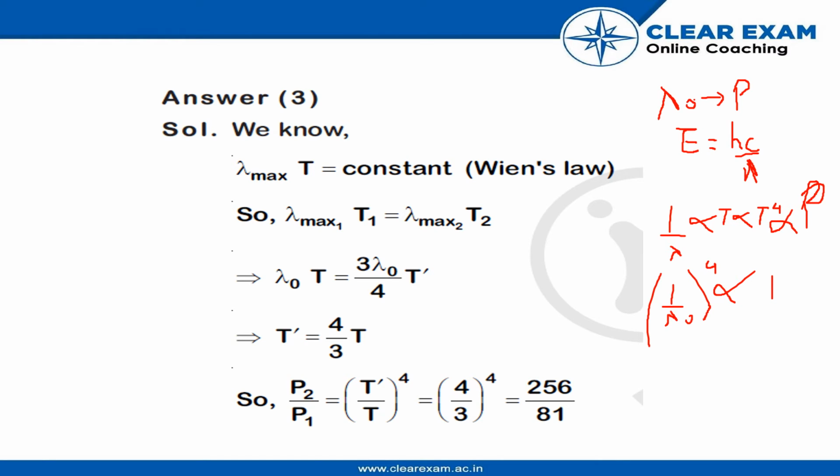So taking our ratio, P divided by NP, we get 3 by 4 of lambda naught divided by lambda naught.